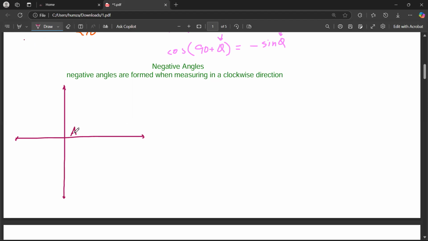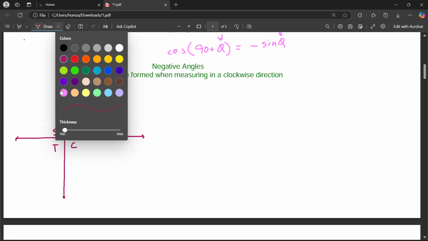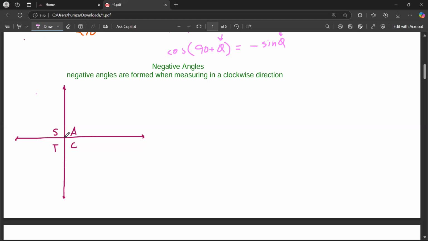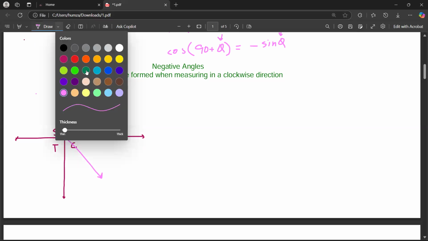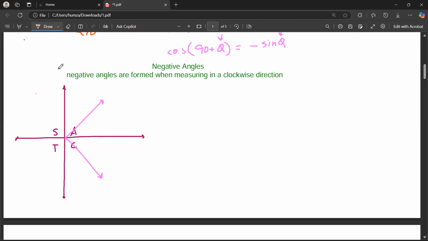Let us say this is A, this is C, this is T, and this is S. And we have an angle coming out here, and we have an angle coming out of here. Now, we know that when we measure angles in the positive direction, we will go anti-clockwise, right?